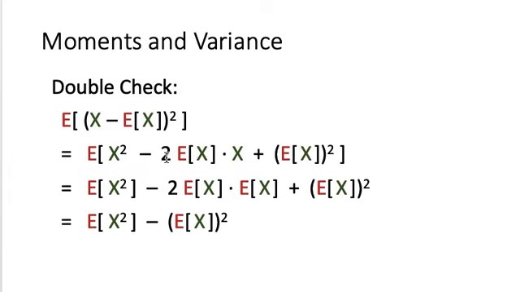And by linearity of expectation, we can further change this to expected of X squared. So this is coming from the first term. And how about the second one? The second one is, we see that minus 2EX, this term itself is a constant. So in that case, by linearity of expectation, we can take this out. So it is minus 2EX multiplied by the expected value of this term, so multiplied by EX.